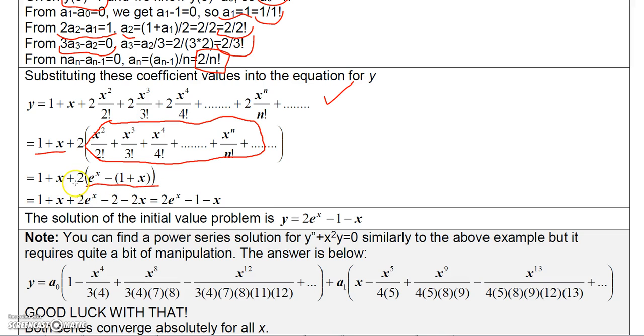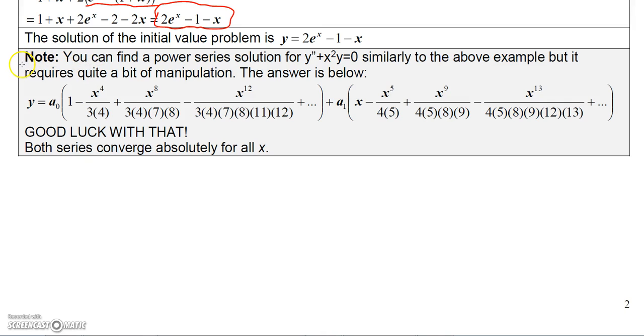And so now if I clean this up a little bit, I get 1 plus x here, and then 2 times e to the x, and then 2 times minus 1 gives me minus 2, and then 2 times minus x gives me minus 2x. And then combine like terms, and I get 2e to the x minus 1 minus x. So the solution now is simply that y is equal to 2e to the x minus 1 minus x. And so that's the solution to that differential equation.